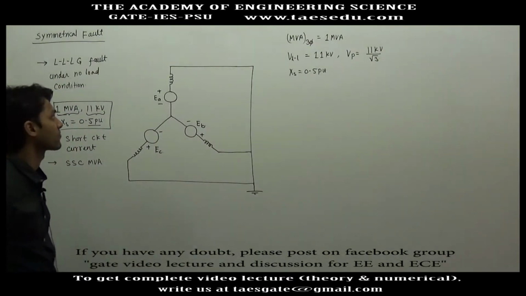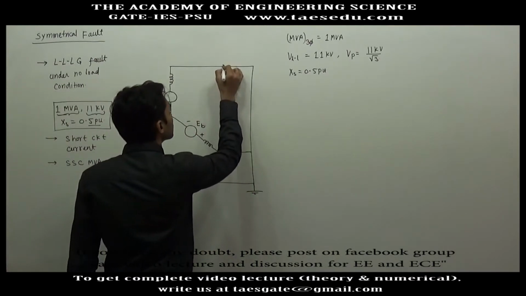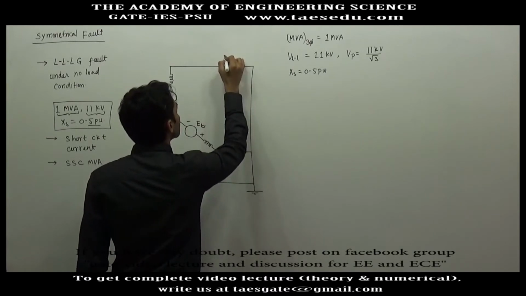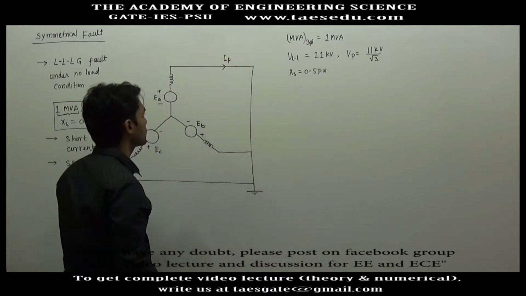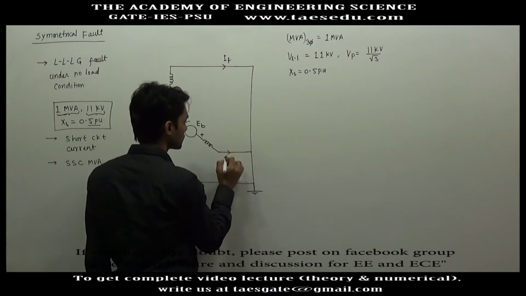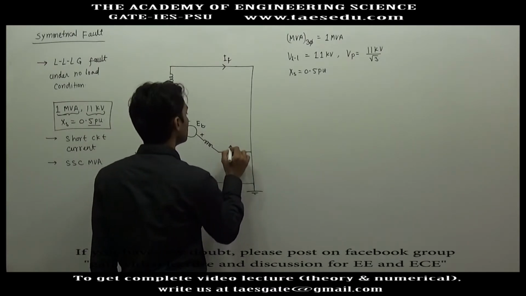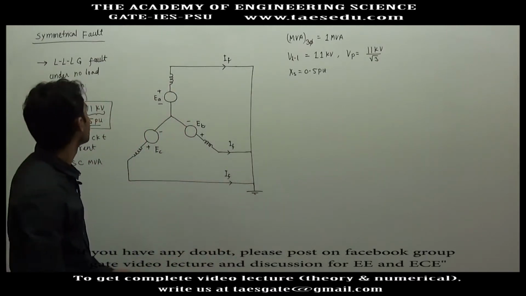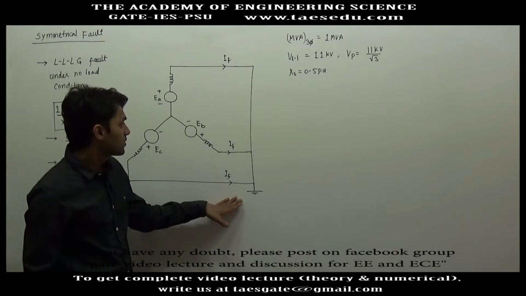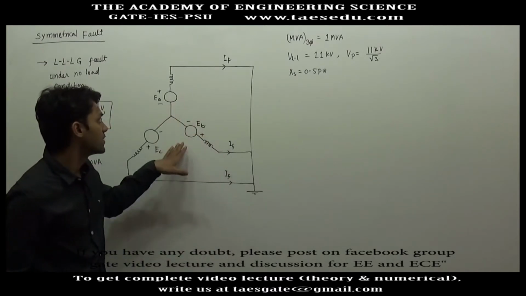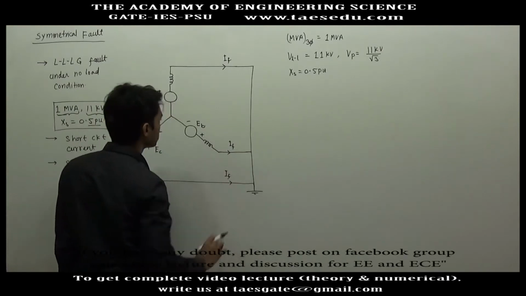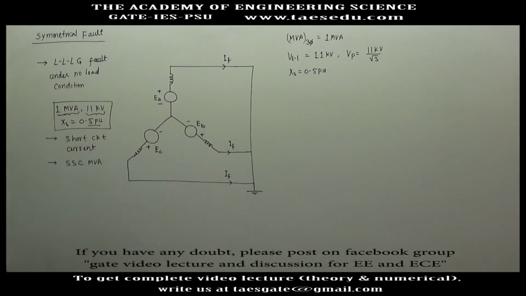Here you will have fault current in line A. Here you will have fault current. This is line B. And since this is a symmetrical fault, the condition to all the phases is identical, so these fault currents will be the same, and the system will still be balanced.